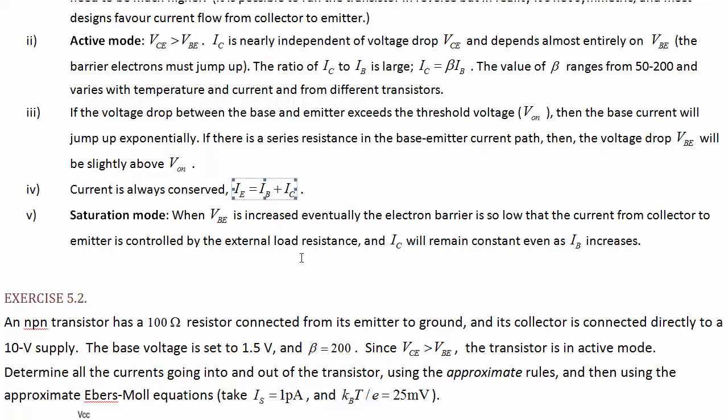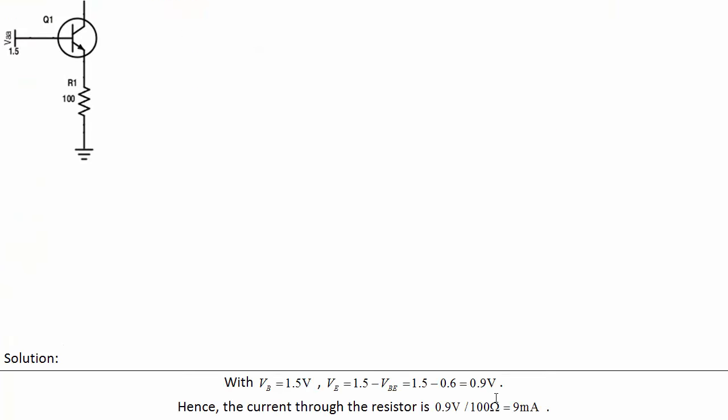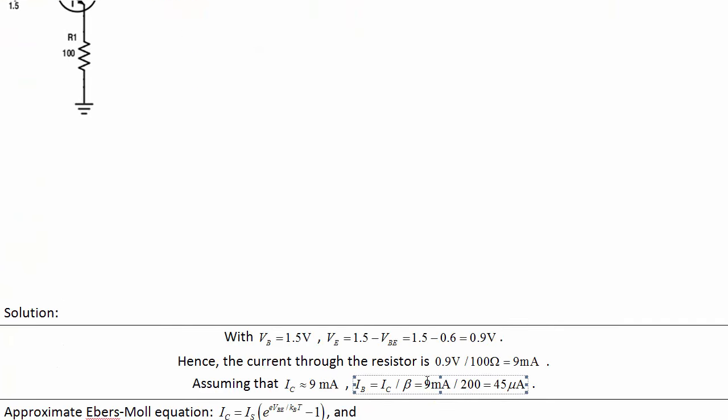So it's only a 0.5% error to just say that the emitter current is equal to the collector current, and it lets us solve things a little bit quicker. It's not that big of a time saver if we were to just write this as IC plus IC over beta is equal to 9 milliamps, and then solve this equation for the collector and base currents.